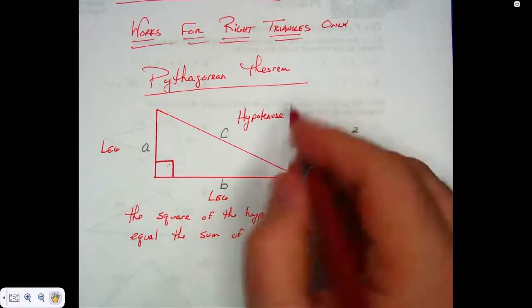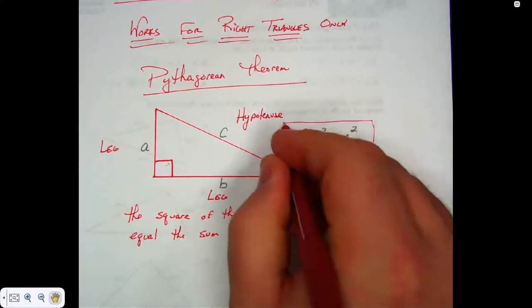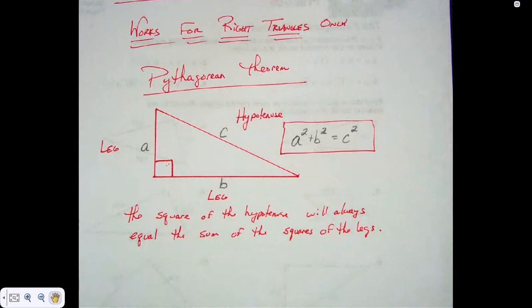The sides will always have this relationship right here. Of course, everyone believes that's how they built the pyramids. They didn't write it out in this form, but they understood the relationships of the sides of a right triangle.